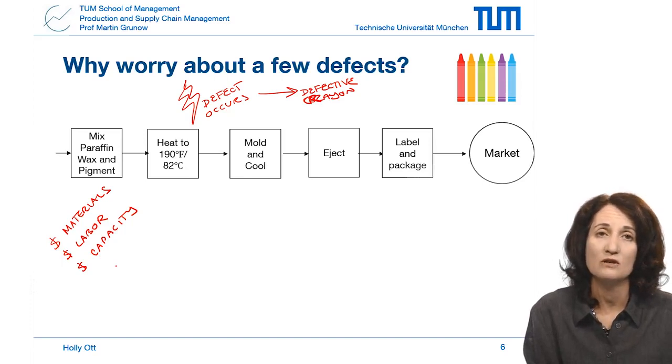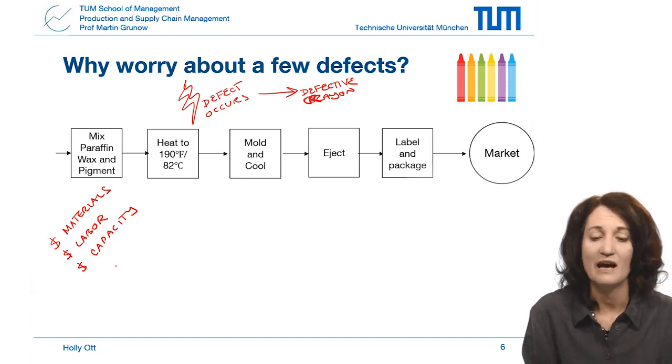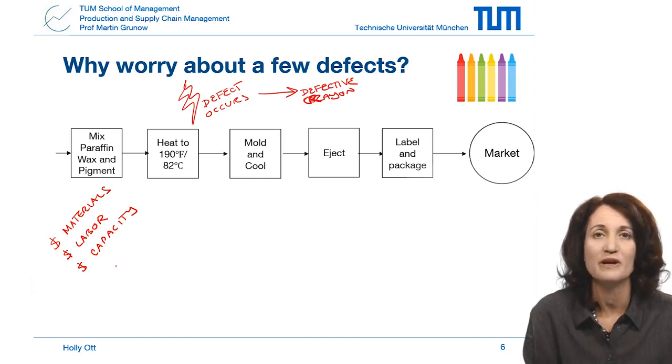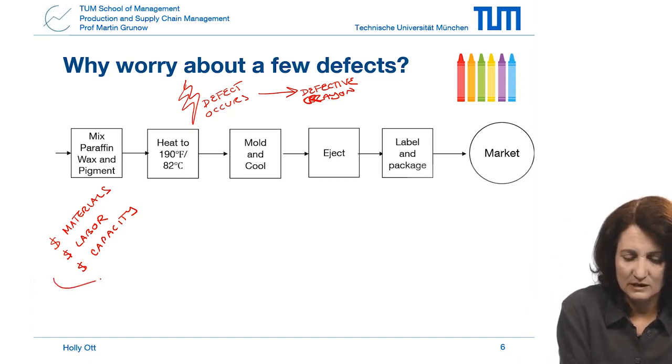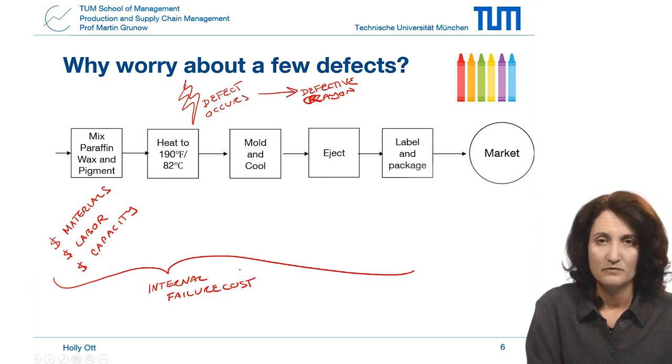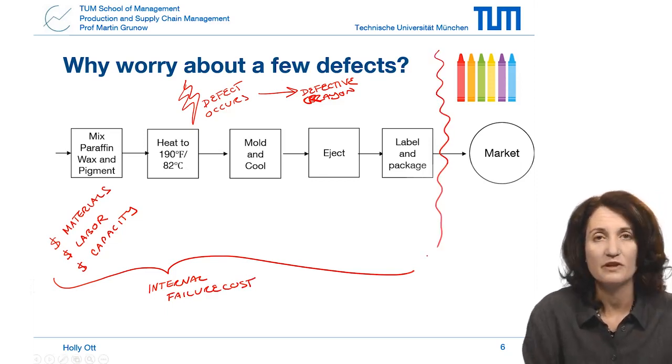And this can be critical when we have a capacity constrained process, which means we need every minute of our capacity to make good parts to meet the demand. So in this part of the factory, we've got internal failure costs, which, although they may be small, are very real.